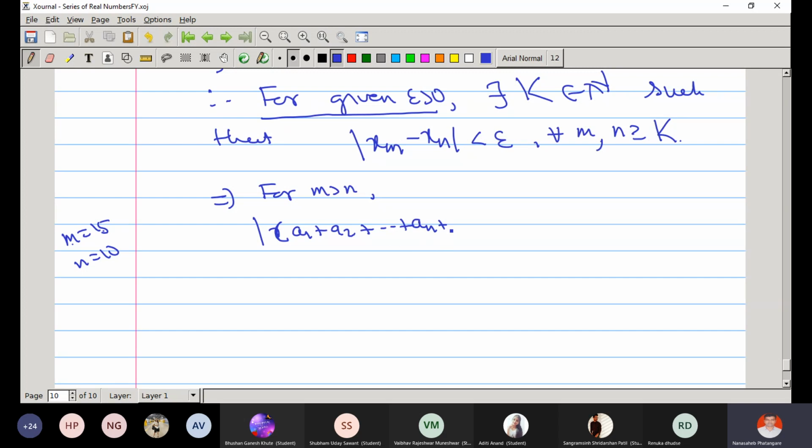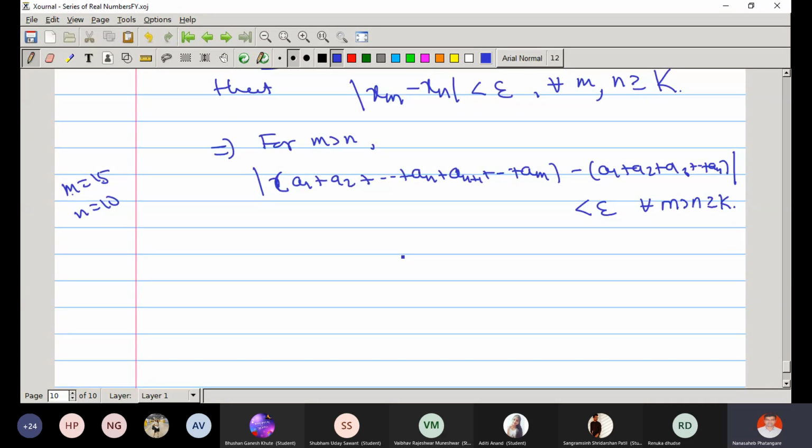It is a1 plus a2 up to a15 minus a1 plus a2 up to a10. This difference is less than epsilon for all m greater than n greater equal k. If n is greater than m, then I can interchange the roles of m and n, no problem.